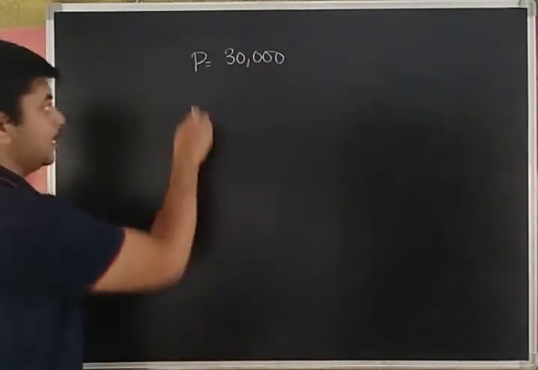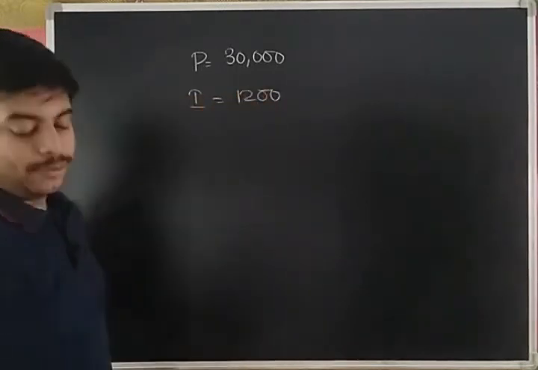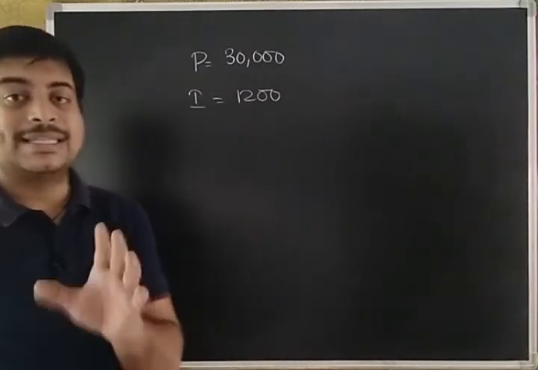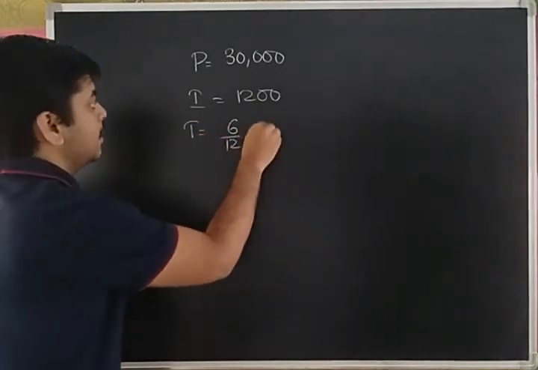Yield means the amount we are getting back, that is nothing but interest. So 1,200 rupees simple interest in 6 months, so the time period is 6 by 12, that is half a year.